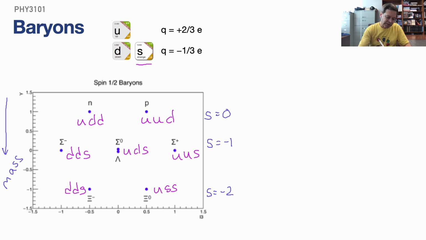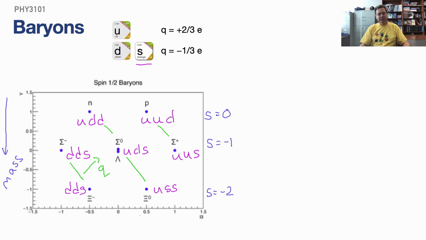The middle diagonal, I should say, has charge 0. The proton and sigma plus have charge +1, and the sigma minus and Xi minus have charge -1. So we can see that along the diagonal axis, charge is increasing up and to the right.